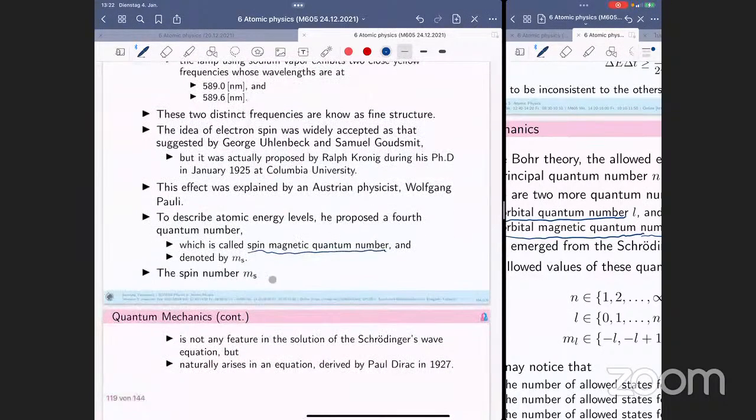Okay, the spin number m_s is not a feature that comes out of the solution of the Schrodinger wave equation. If you go into the detail of the theory of quantum mechanics, physics would start from Schrodinger's wave equation. You may see some in the next section.